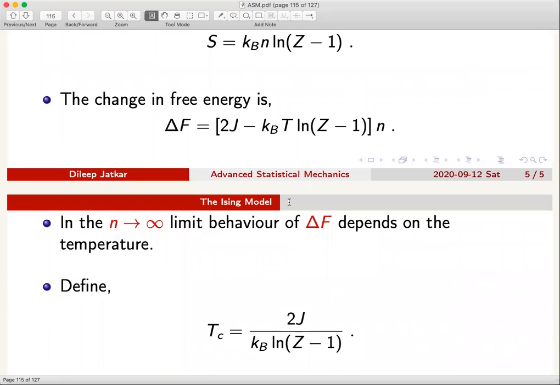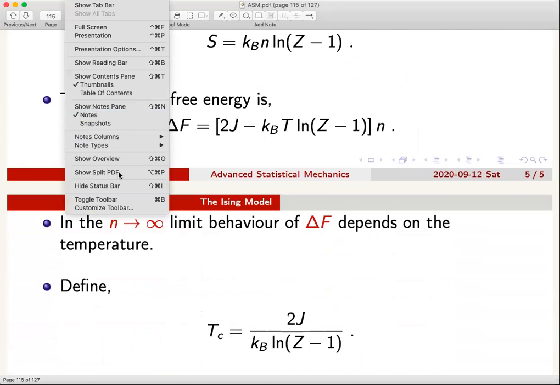So the first comparison that we should do, I'll just split the screen, which will be useful here.